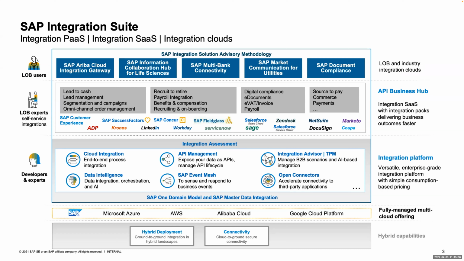So all they have to do is familiarize themselves with the application, like Ariba Cloud Integration Gateway, for example, right? So all Ariba customers get this by default. They can use it, but it only works for those kind of scenarios. But for the business users, that is more than sufficient, right? Similarly, on the same lines, you see the other solutions here, information collaboration hub, document compliance. So these are very popular solutions, and you can learn more about them on the sap.com website if you're interested.